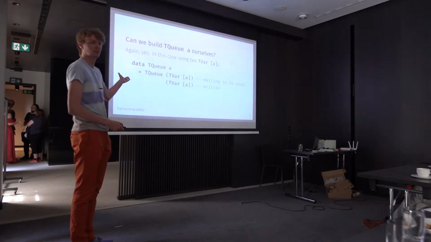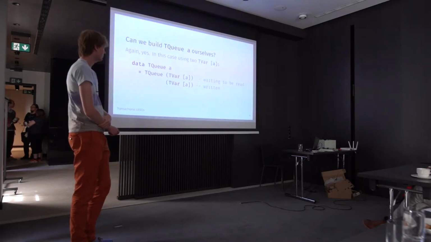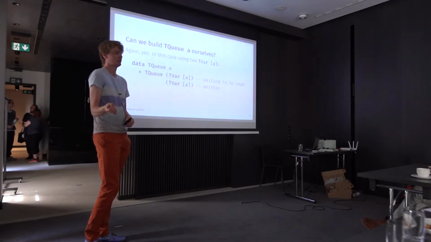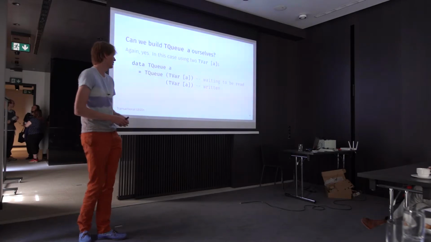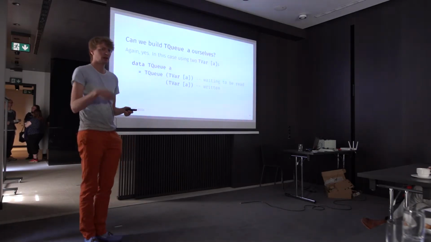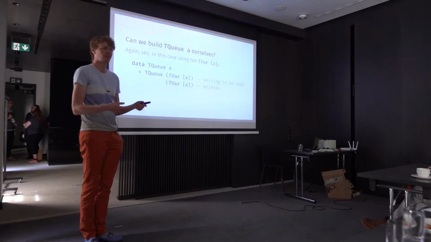Any questions about this? Convinced? All right, cool. Maybe why there are 2 lists? Ah, that's a good question. That's to avoid contention. Generally what happens with queues is there's multiple things writing at the same time and multiple things reading at the same time, or at least reading and writing happens at the same time.